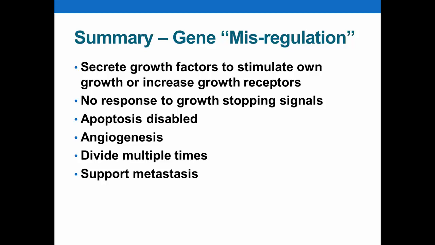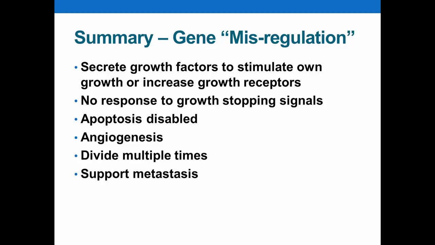So if we take all of that together and we look at gene misregulation, when we think about this misregulation of how gene changes foster the development of cancer, we know that these cancer genes, genes in cancer cells, have the ability and do secrete growth factors to stimulate their own growth or to increase growth receptors.